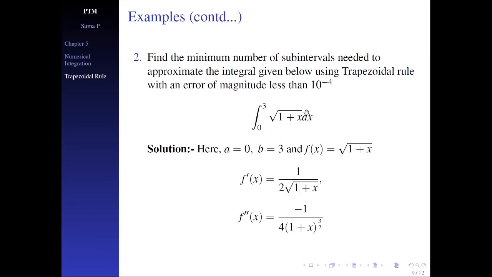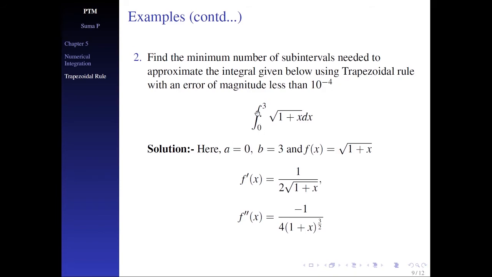Now after calculating the approximate value, the error must be less than 10 raised to minus 4. Then what will be the value of n? It is to find the minimum number of subintervals. That is, we have to find n. How many intervals are there? We have to find n such that the error is less than or equal to 10 raised to minus 4.